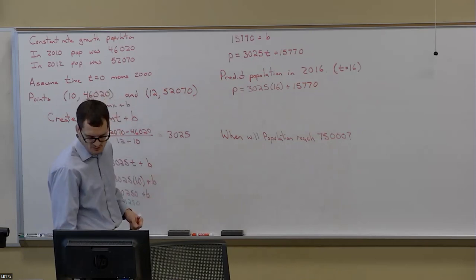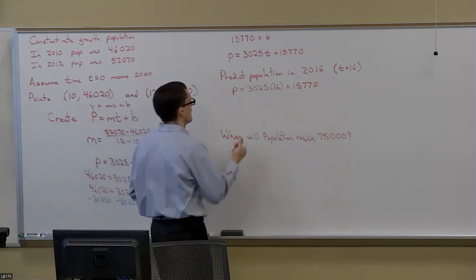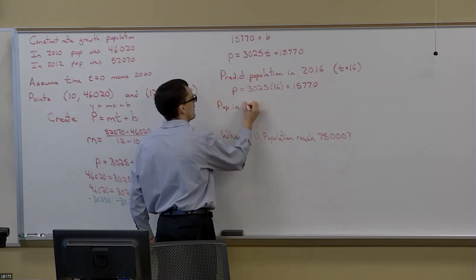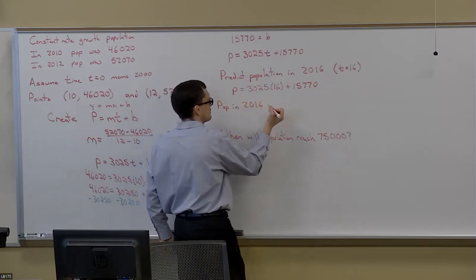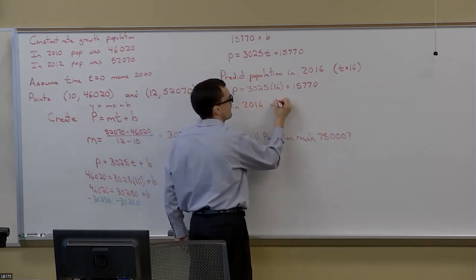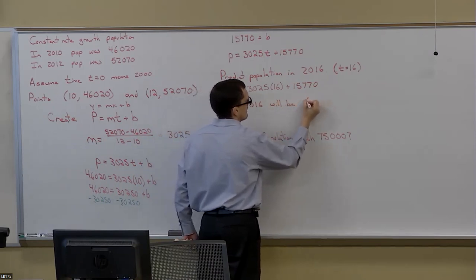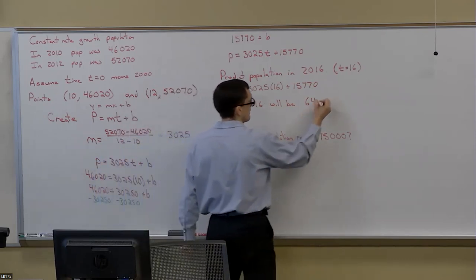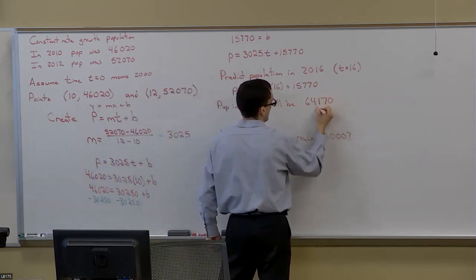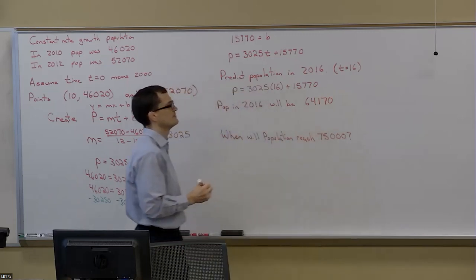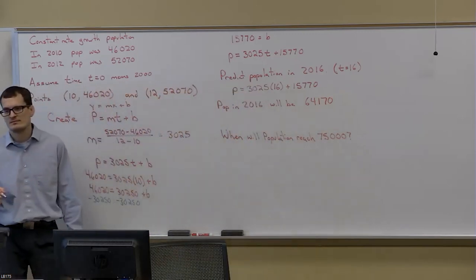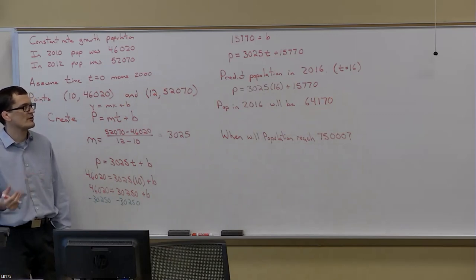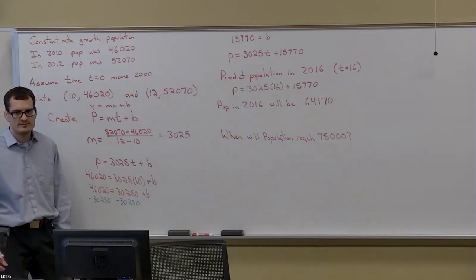And I get 64,170. So the population in 2016 will be that number, 64,170. According to this model, obviously. So I'm just plugging in for T, finding the P.